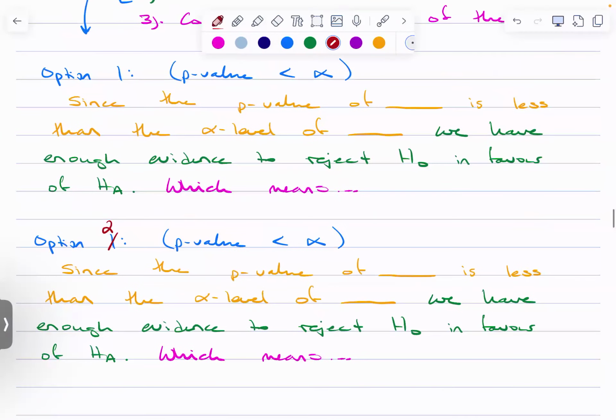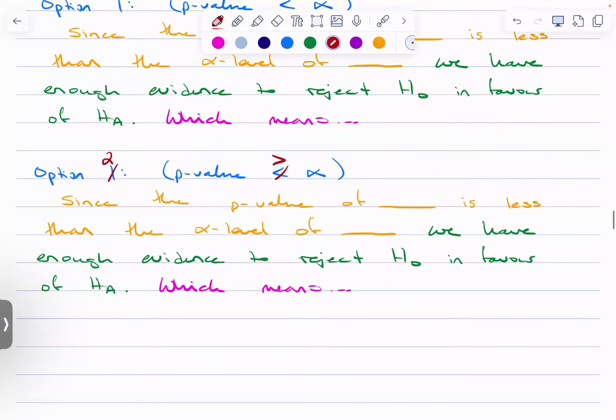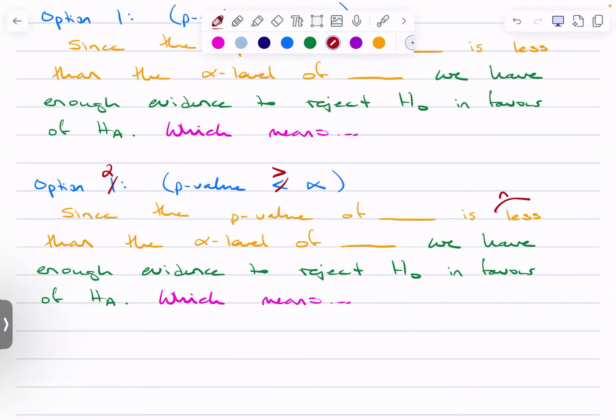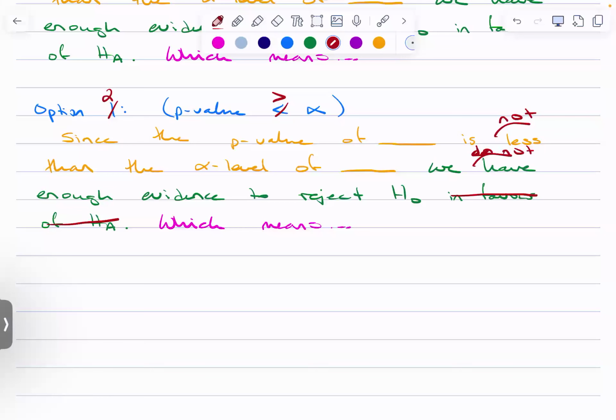Option 2 is if the p-value is greater than alpha. So you didn't move into the tail far enough, which means it's basically the same as p naught. And so since the p-value of, everything stays the same, is not less than the alpha level of blank, we do not have enough evidence to reject H naught. Usually I ditch the HA.